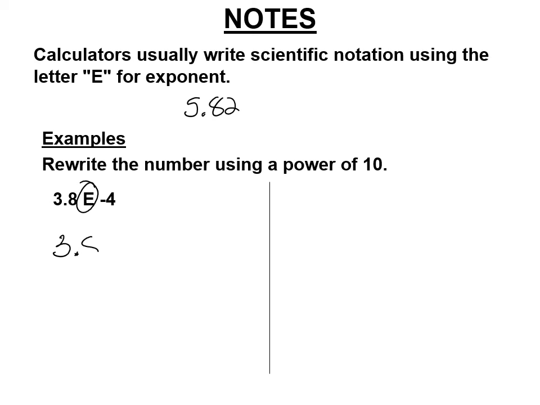If you ever see this on your calculator, and this means 3.8 times 10 to the negative fourth. The E just means times 10 to what power? It's E for exponent. So what does this one mean if you see it on a calculator? 5.02 times 10 to the negative 6.